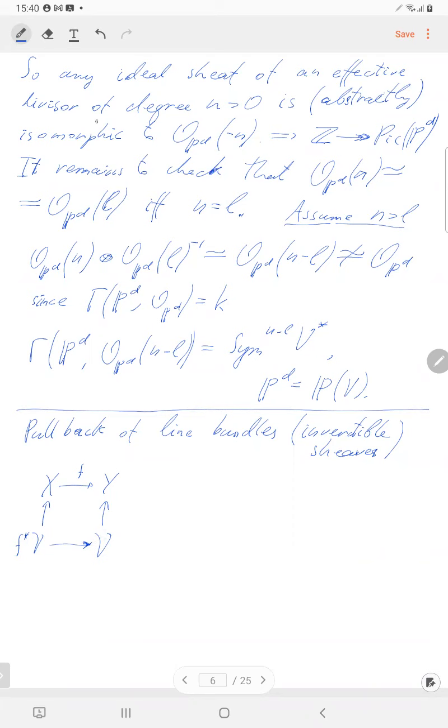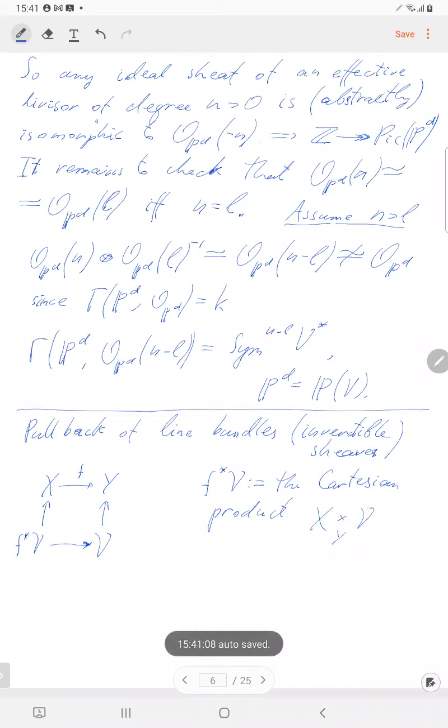And then by definition, this F upper star V, the pullback of V, is the Cartesian product X over Y with V. Okay, and what is this?